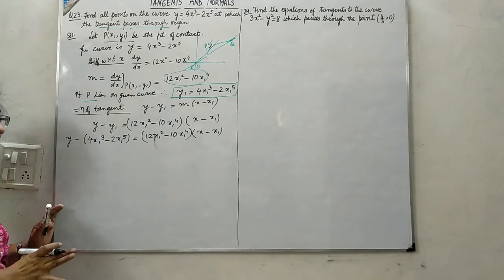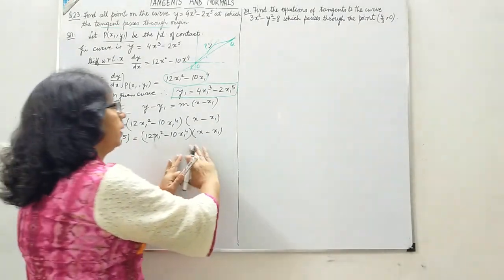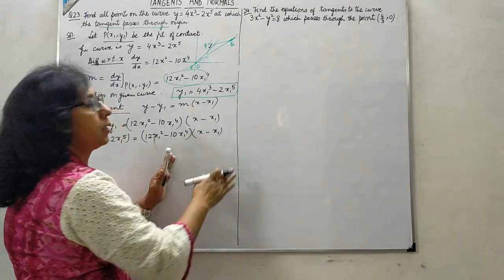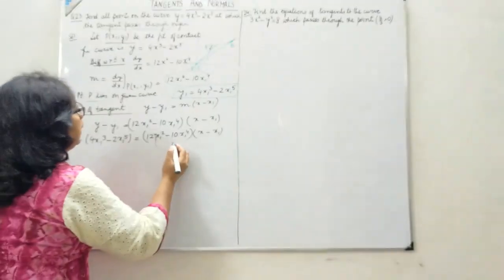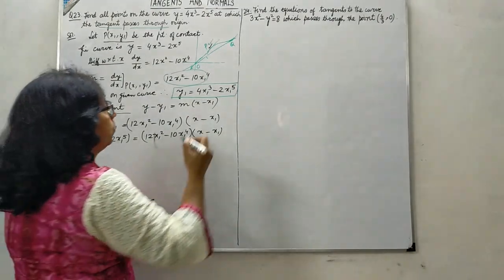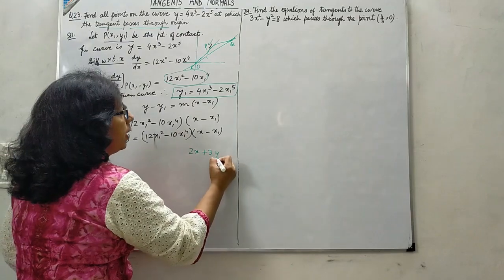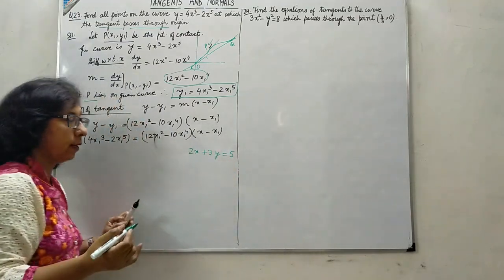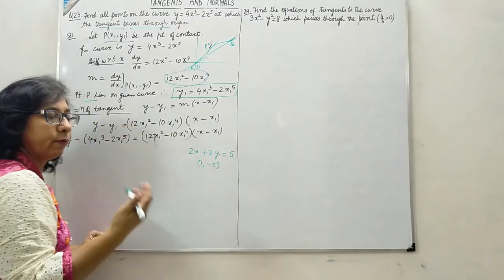If I simplify it, this is the term of x, then I can write the term of y, and then the rest of the terms in x1. x1 is a constant actually. Now, if a line passes through a point, suppose I take an example, 2x plus 3y as 5. If I want to check whether this line passes through (1, minus 2), then what will I do?